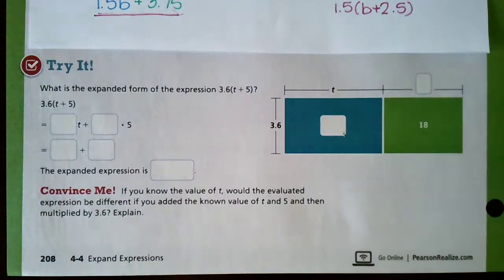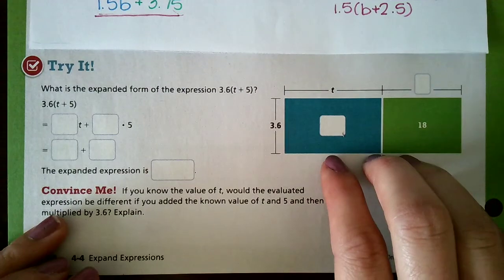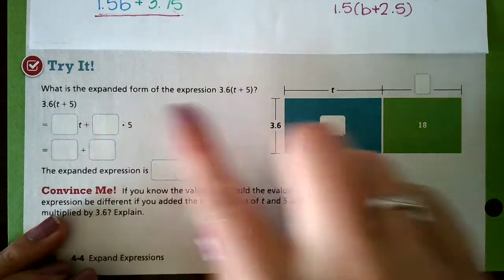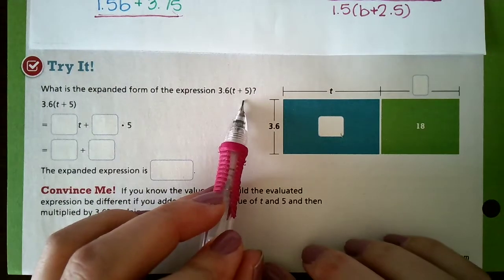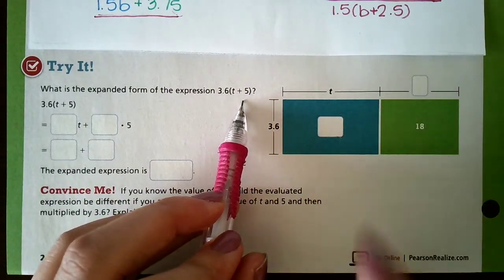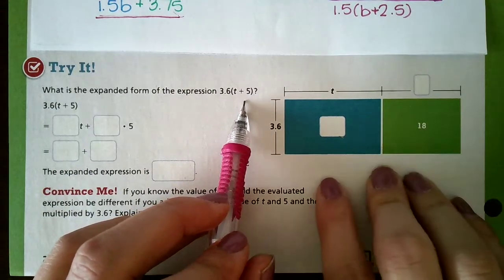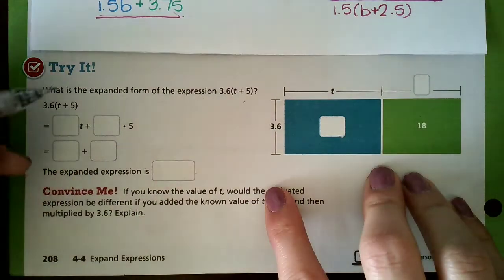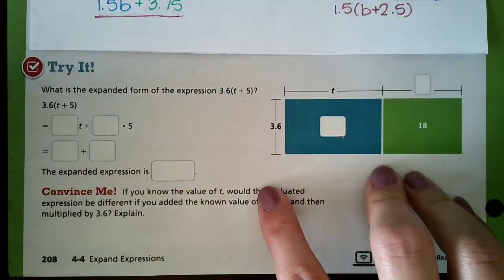Okay, so let's look at this problem together. I'm going to ignore this diagram at first and just focus on what this problem is saying. What's the expanded form of the expression? If this helps you, go for it. If this is confusing to you, you don't need to worry about it, okay? If you're a visual learner, maybe this is helpful. But the important thing is that we can distribute an expression.